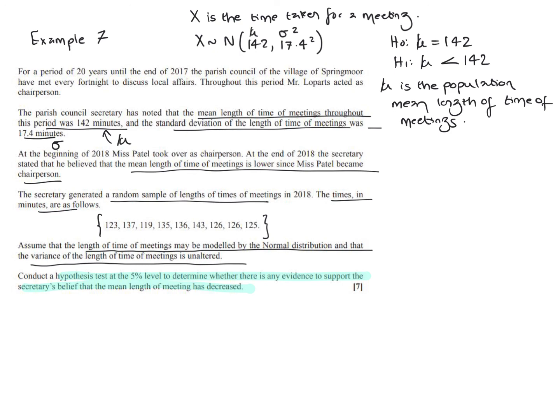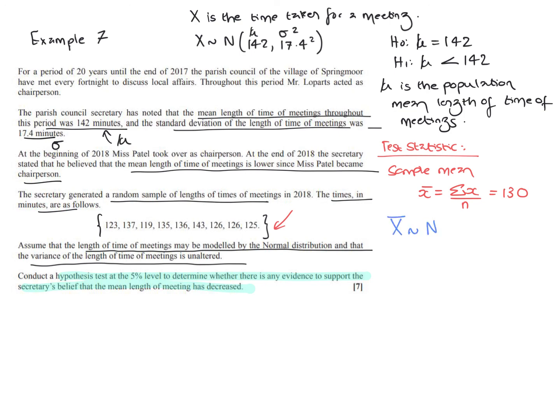We then need to make sure we acquire our test statistic, which is our sample mean, or x bar, which is the sum of these x values divided by the number of values that we have there. So this comes to a value of 130. So that's our test statistic. Now, we need our distribution of our sample means, x bar.